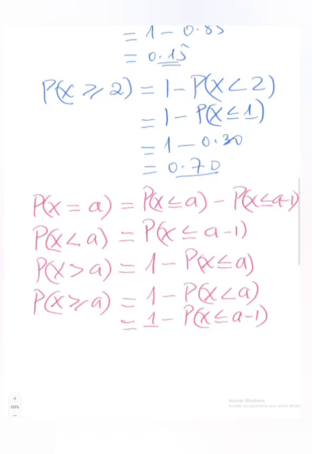In the case where we have to calculate the probability that X lies between a and b, where b is greater than a, then we simply take the cumulative value of b minus the cumulative probability of the next lower integer of the lower limit in the boundary, which is a minus 1.